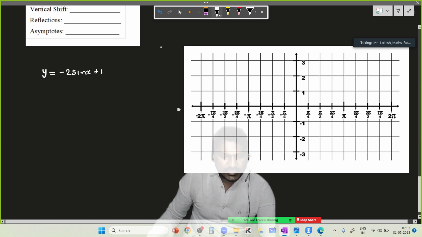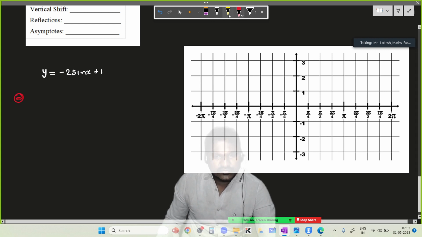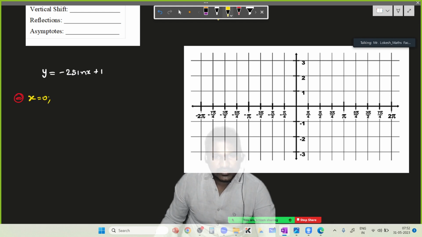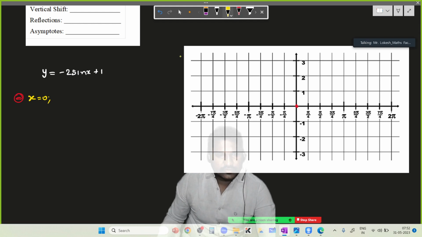Since the function graph is dependent on the value of x and we were given different values of x here, so we'll just substitute the values of x at different points. So at x is equal to 0, somewhere here, y will be minus 2 into sine 0 plus 1, and it will be 0 because sine 0 is 0. 0 plus 1 will be 1.